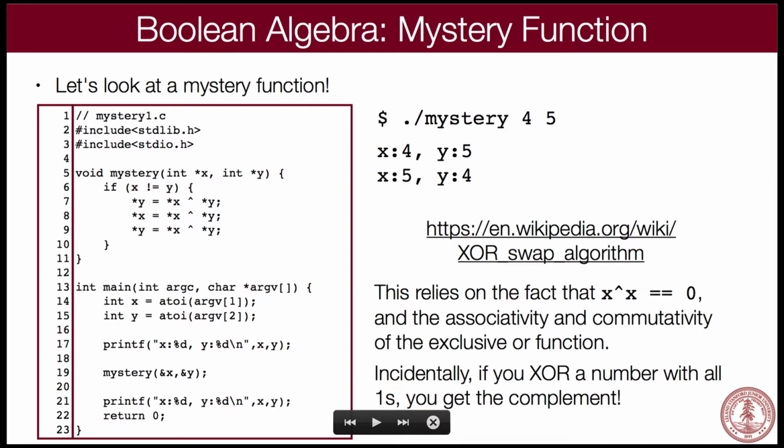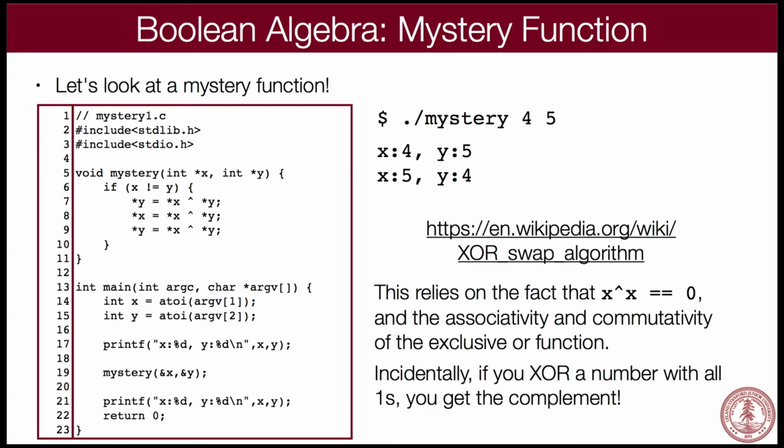Because a number exclusive ORed with itself has to be 0, because if you had 0, 1, 1, 0, aren't they all the same? So it's going to have to be 0, 0, 0, 0. In fact, that's a really fast way of turning a number into 0, as it turns out, is exclusive ORing it with itself. But that's really what it's doing. So this is actually a really neat function here.